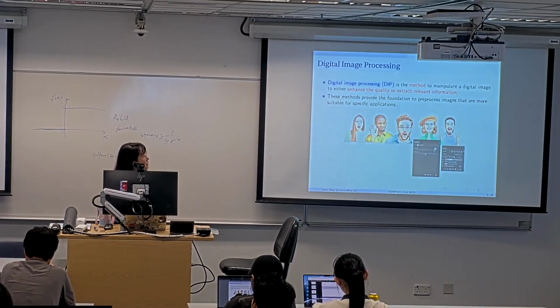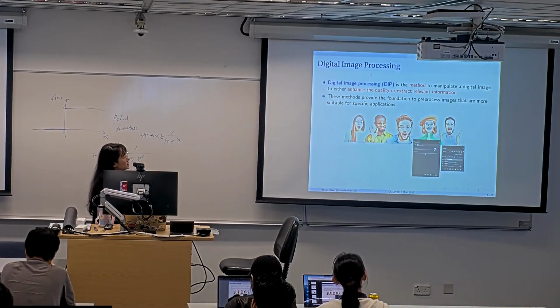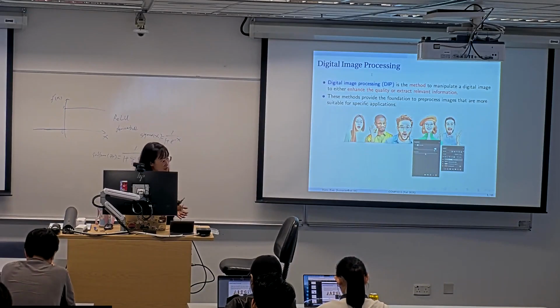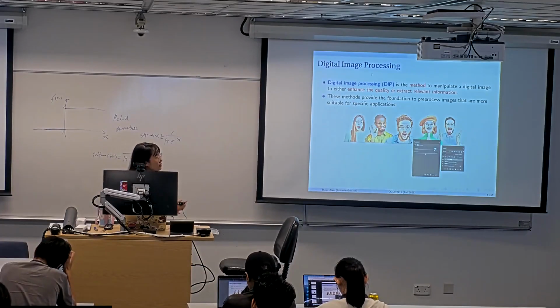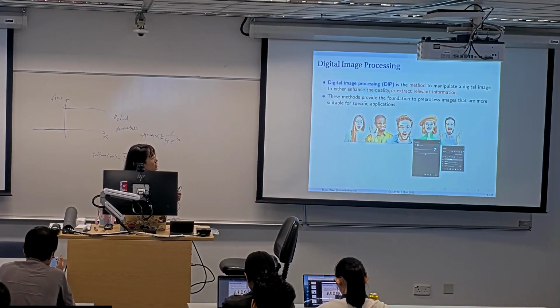So DIP, digital image processing, is a method to manipulate a digital image to either enhance the quality or extract relevant information. Usually we consider that enhancing the quality is more for human eyes, because humans have the need to look at images.